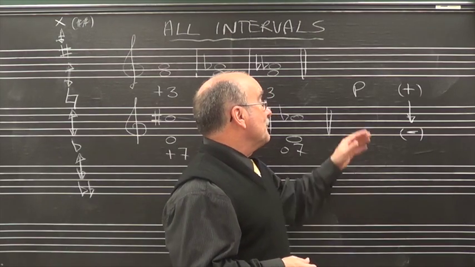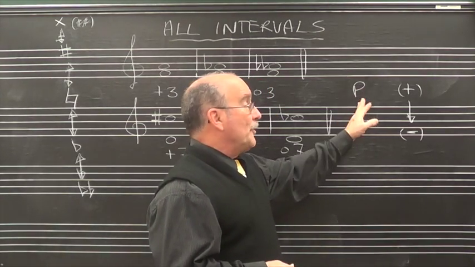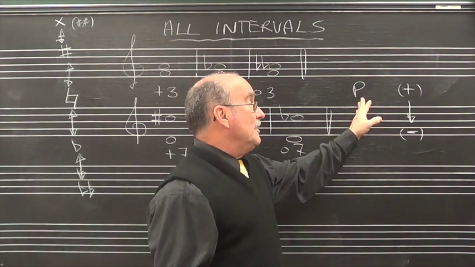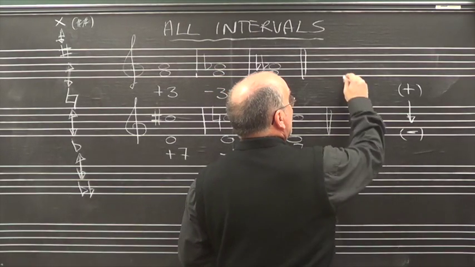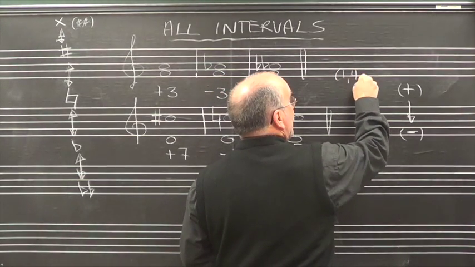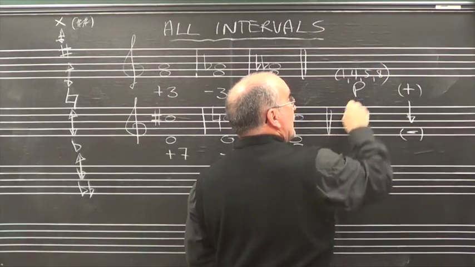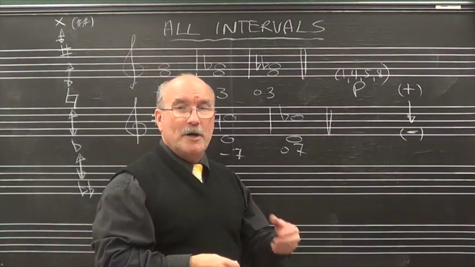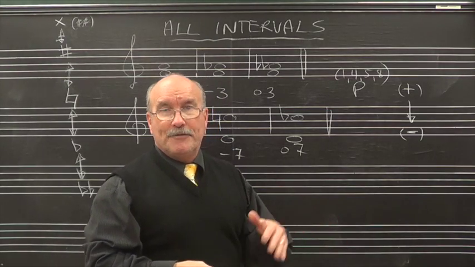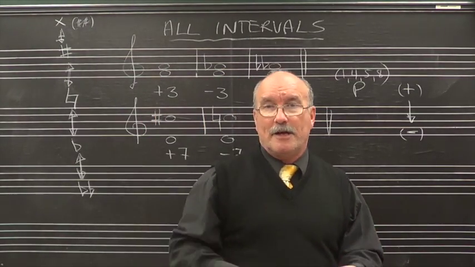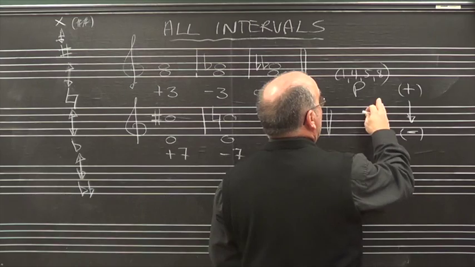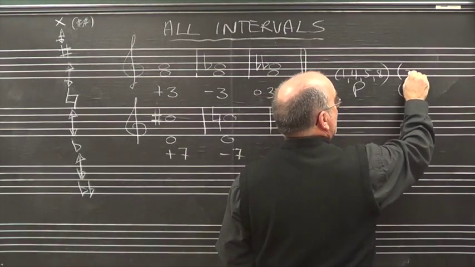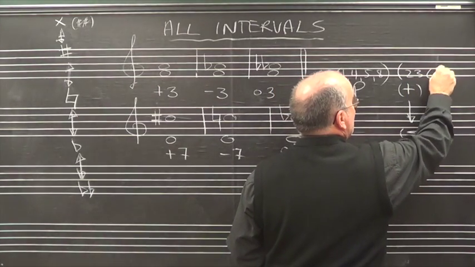So to summarize, so far, perfect complies with whatever the key signature is, and it refers to a 1, a 4, a 5, or an 8. Those are the numbers for the perfects. Perfect 1, perfect 4th, perfect 5th, perfect 8th, considered the pure sounds in music. And then we have the majors, which are 2, 3, 6, and 7.